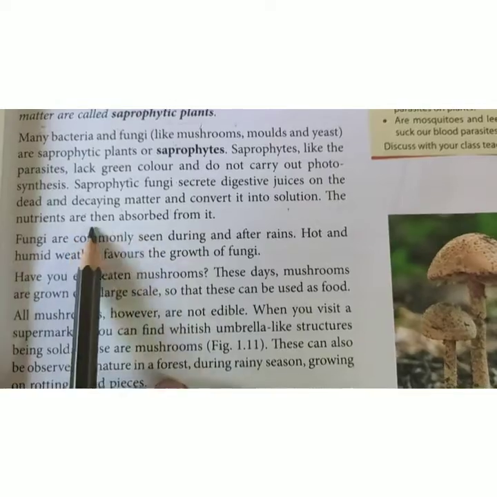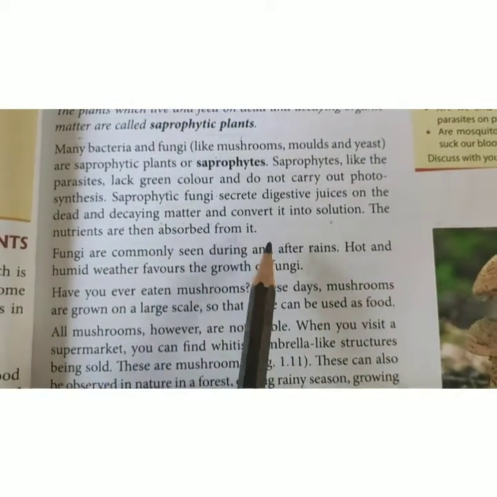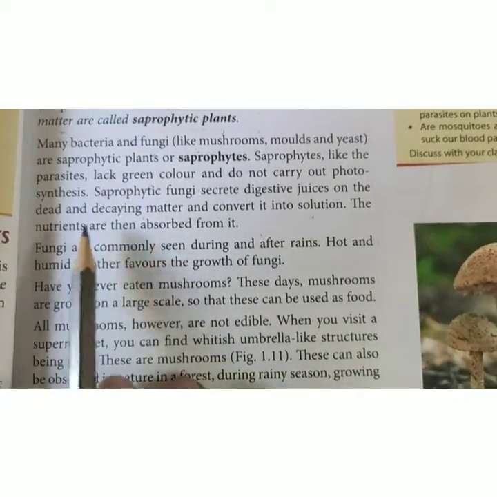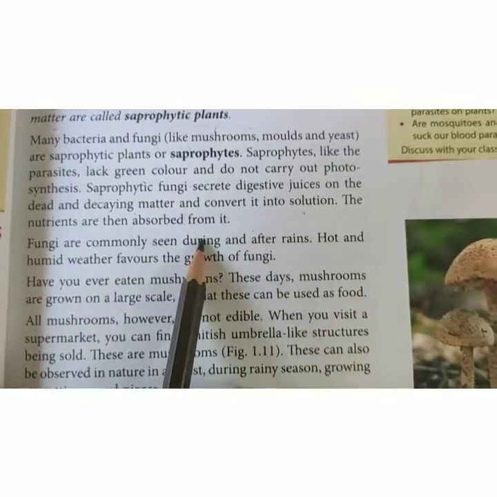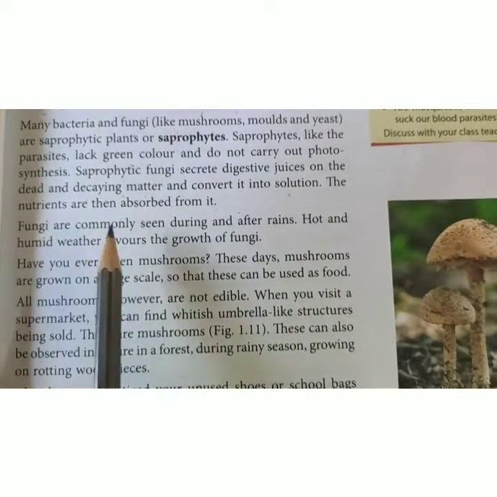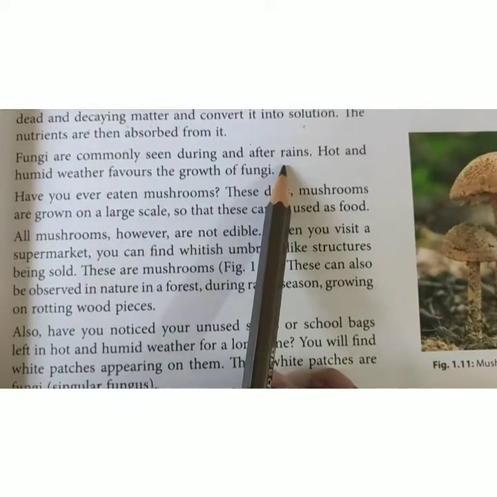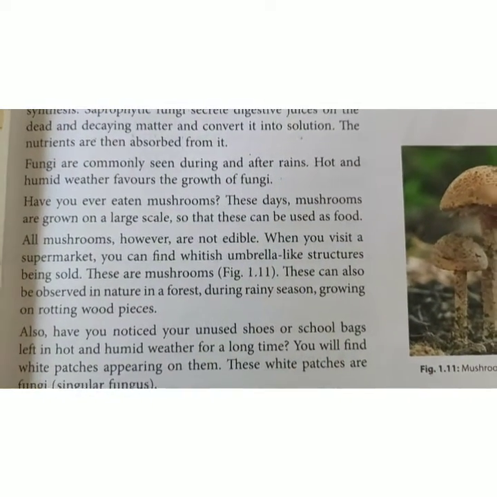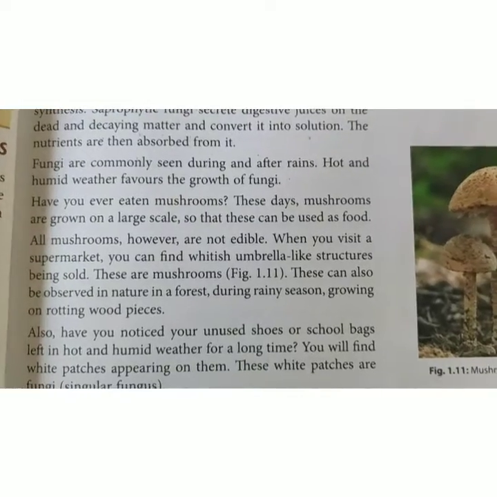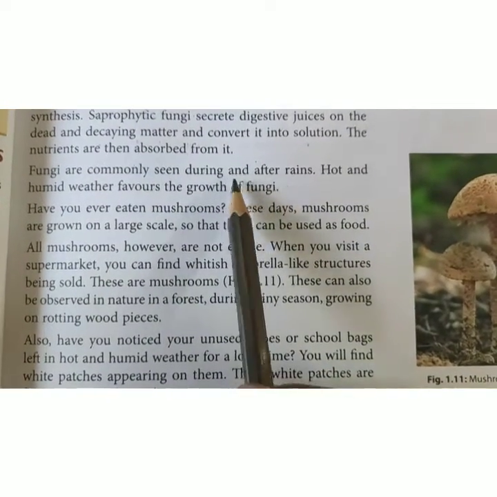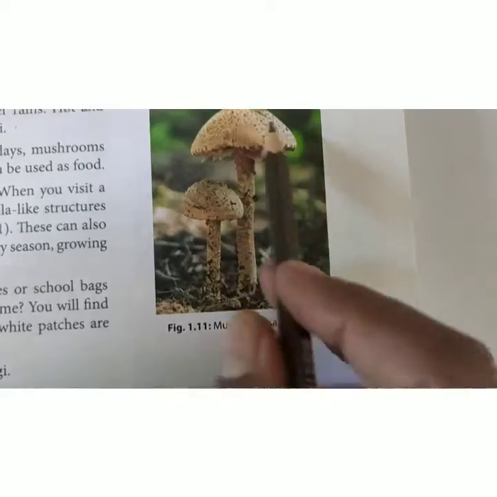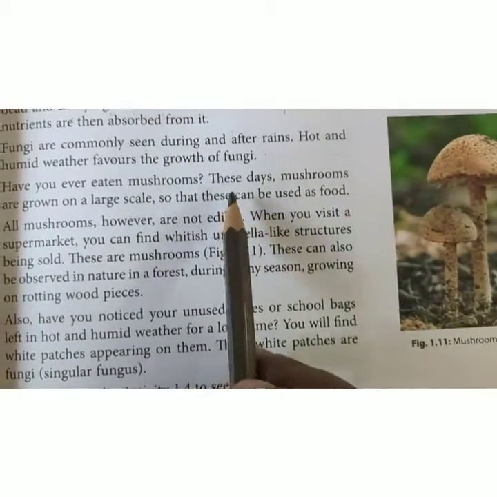The nutrients are then absorbed from this solution. The fungi are commonly seen during and after rain. You must have seen the mushrooms, which we call toadstools, after rains or during rains.